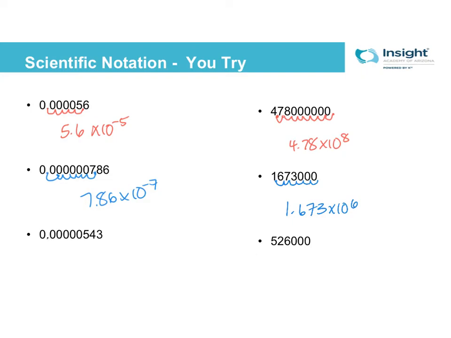And 1, 2, 3, 4, 5, 6. 5.43 times 10 to the -6th. 1, 2, 3, 4, 5. 5.26 times 10 to the 5th. Again, if this isn't making sense, talk to me. We'll keep practicing it.